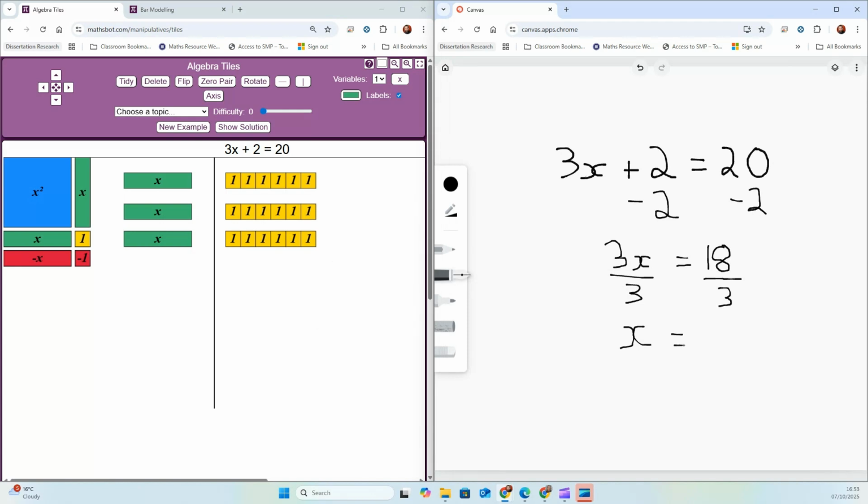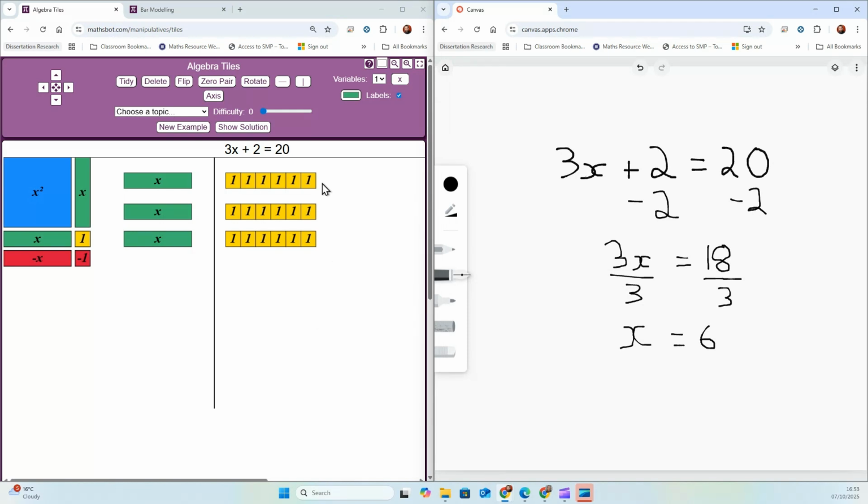And this is how I might model the solving of this equation using a model where objects on the left are equal to an equivalent number of objects on the right, and that's why you can think about it as an object or a discrete representation of this, a discrete model.